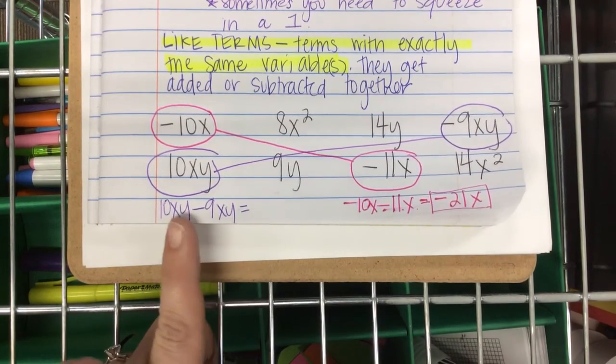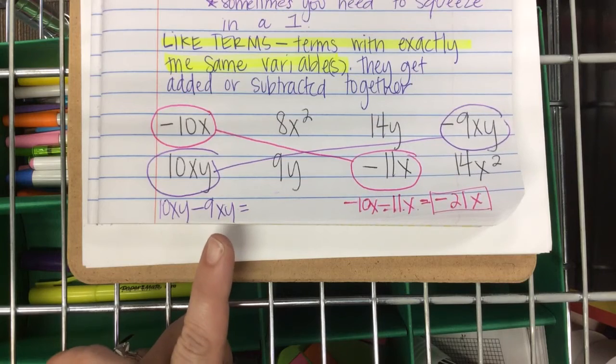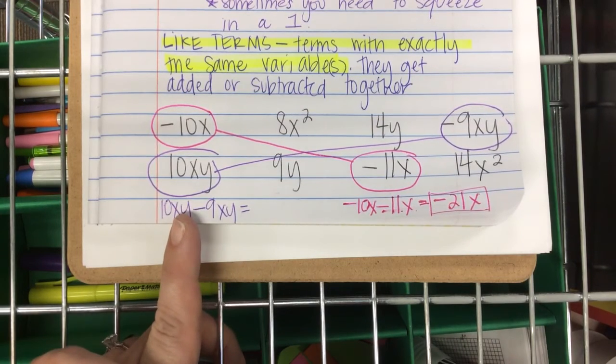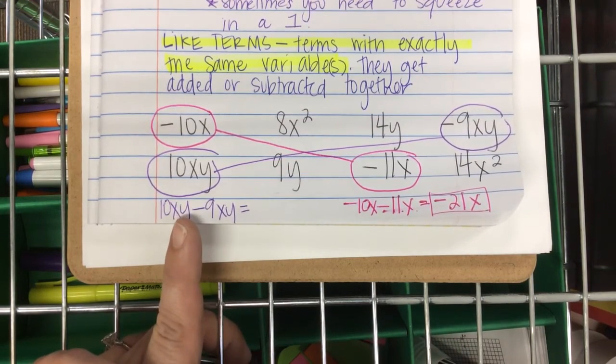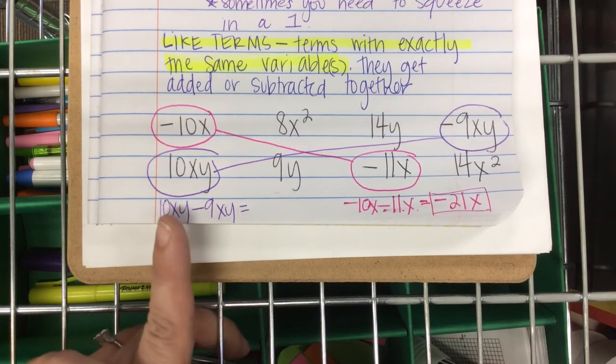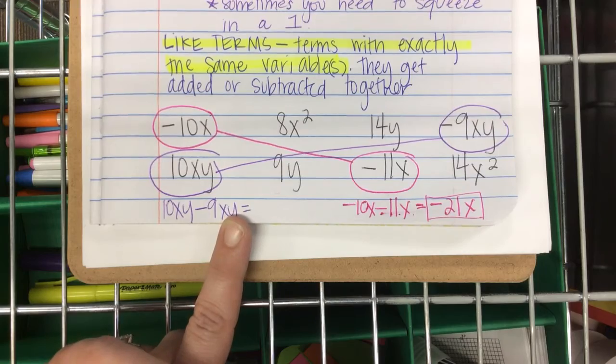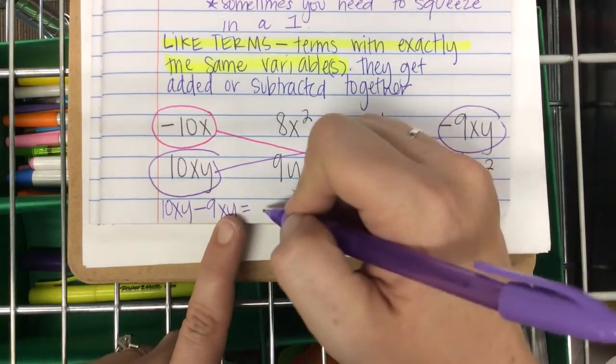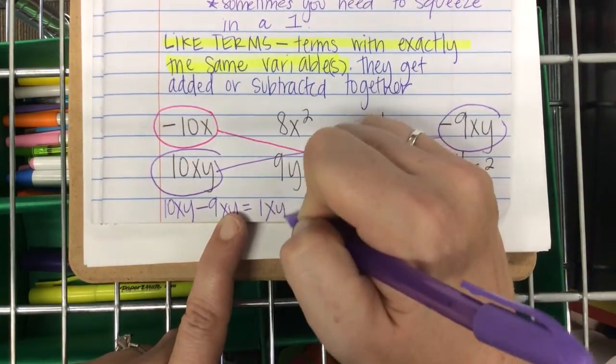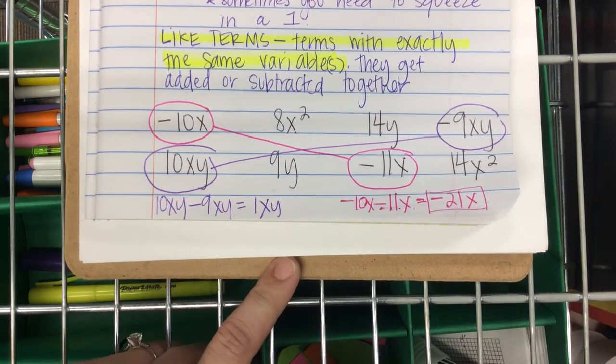And I don't know what these variables are, right? So they just stick around for the ride. Pretend it said cookies instead of xy. If you had 10 cookies and you subtracted 9 cookies, what would you have left? 1 cookie, but instead of cookies, it's xy.